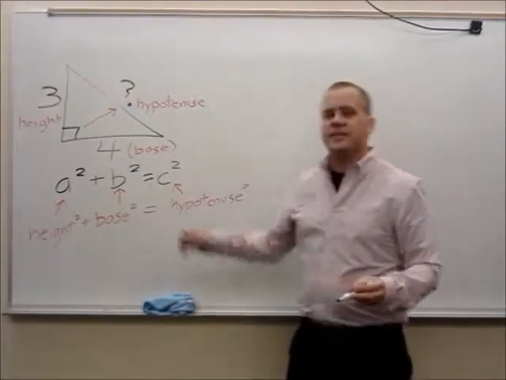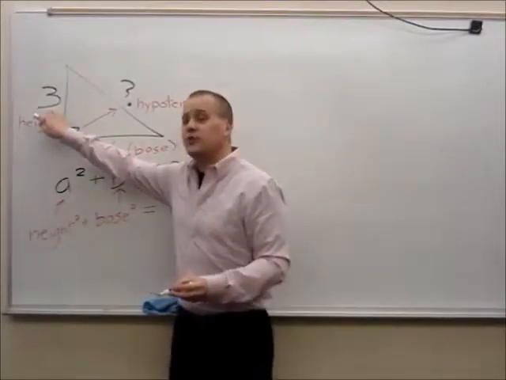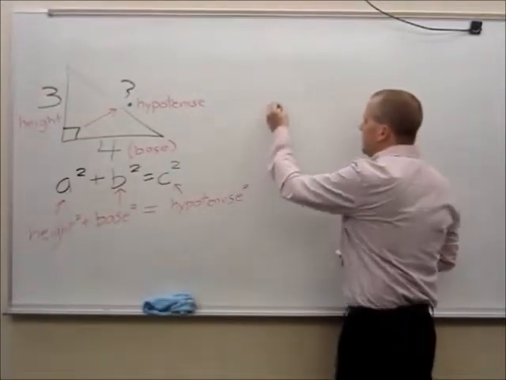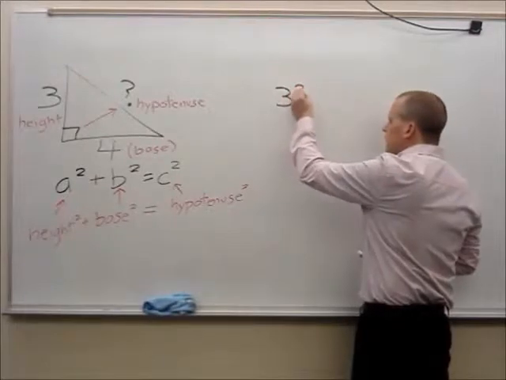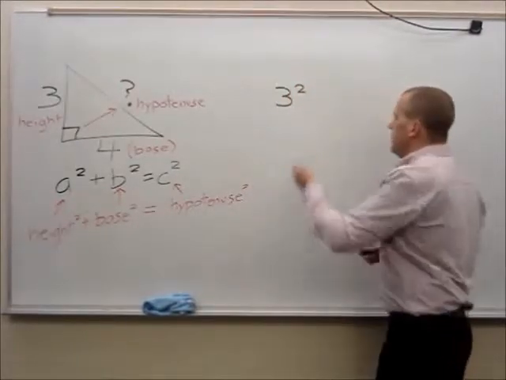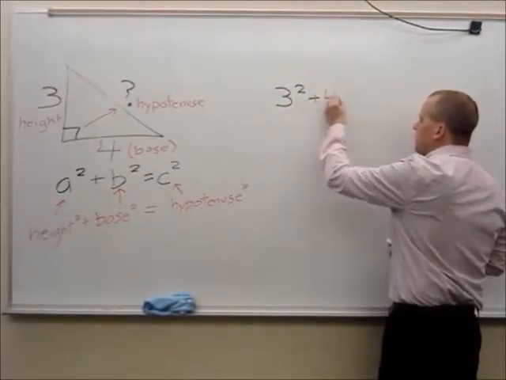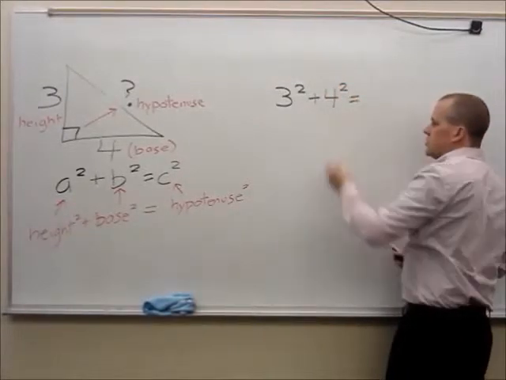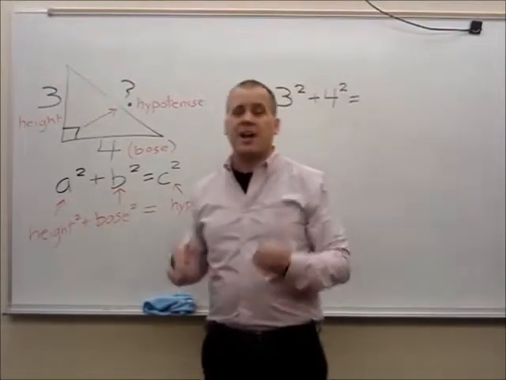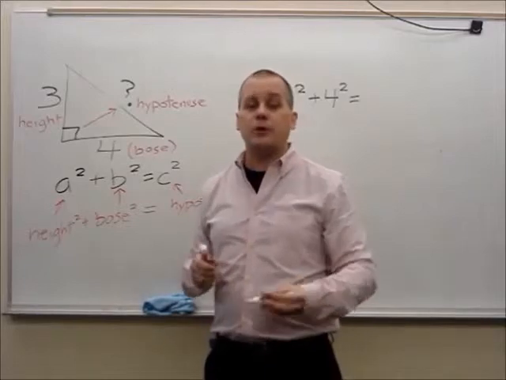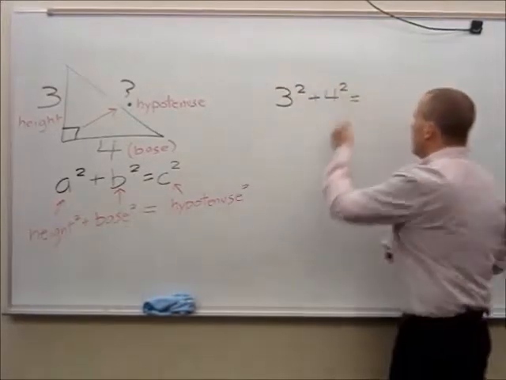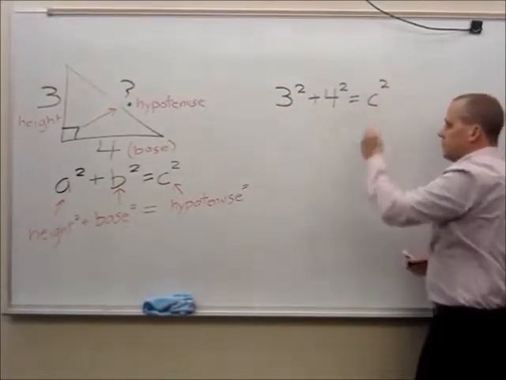First of all, instead of A, I'm going to substitute my height in. So my height is 3. And I'm going to make sure that I square that. Now, my base is 4. And I'm going to make sure I square that. And then the last part is, I can write out the word hypotenuse, or I can write c squared.